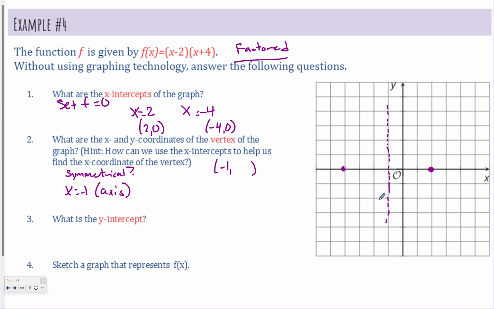We're going to take the negative 1 and plug it into the function, because we want to know where that is on the parabola. So we're going to do negative 1 minus 2 times negative 1 plus 4. We're going to plug in for x.